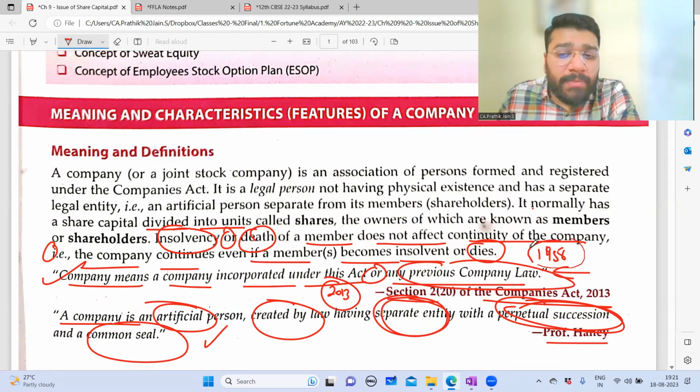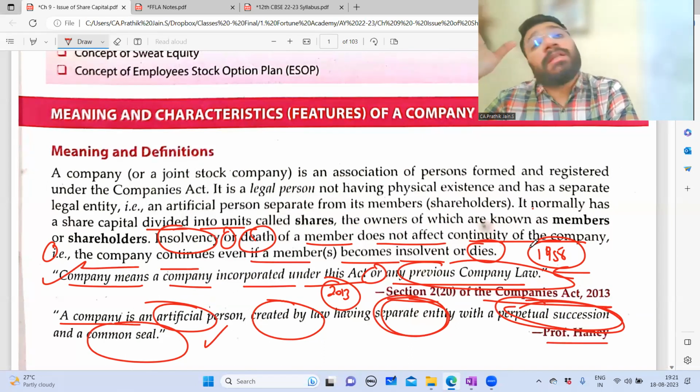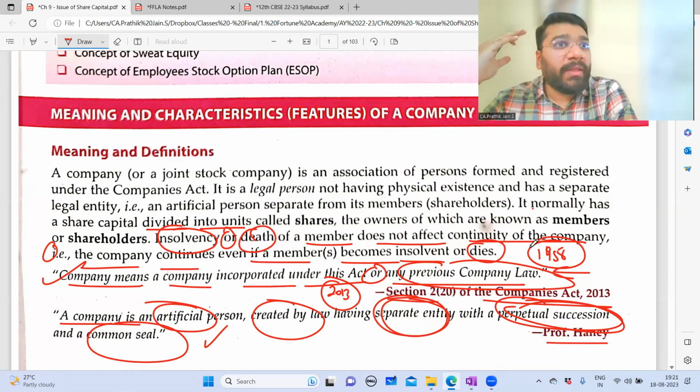Now the problem is, in the 2013 law they said that anybody registering from 2013 onwards in the new scheme will be registered and called a company. So the problem that arises is, for all the people who were registered in the old law, what is their status? Do they need to do any changes or any conversion?